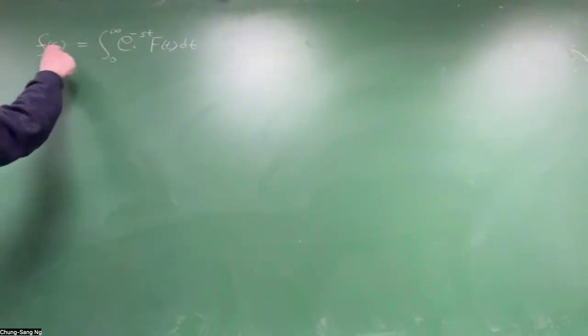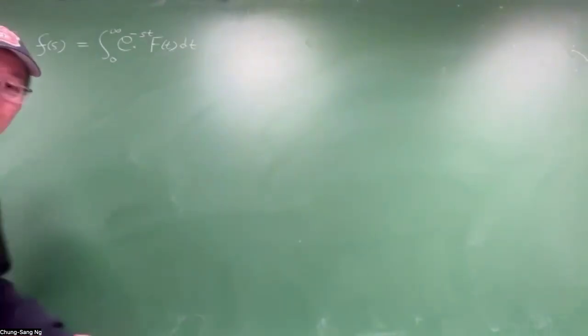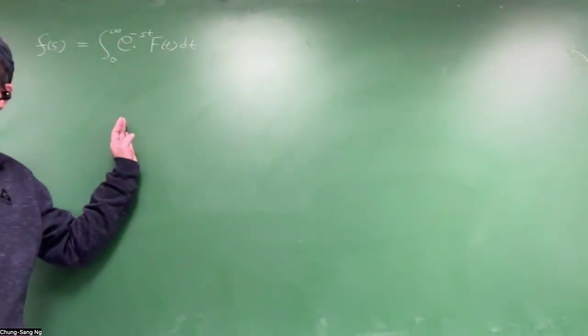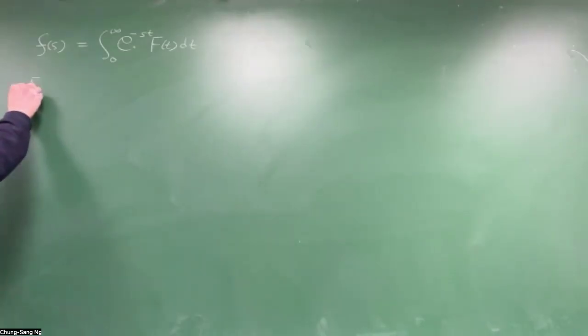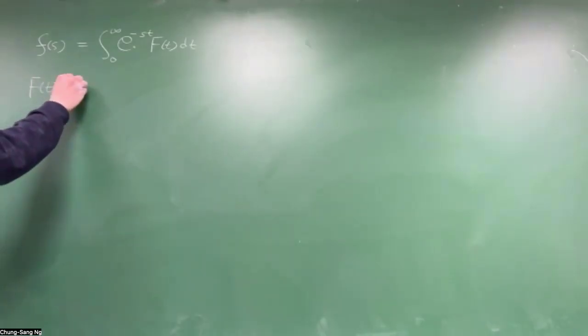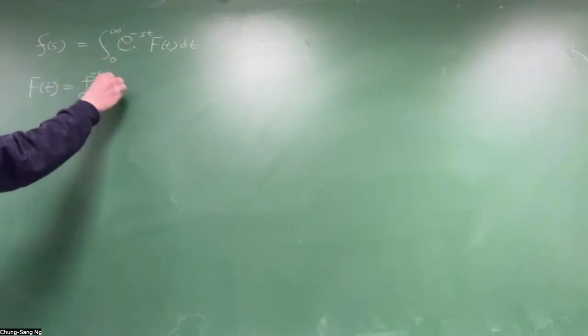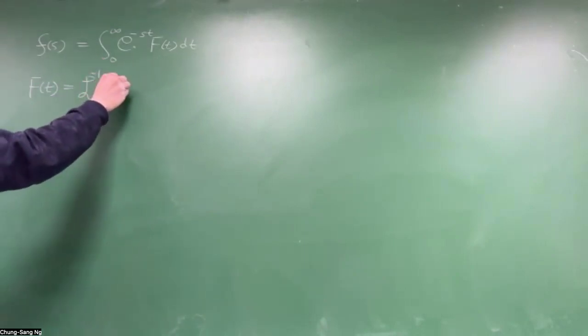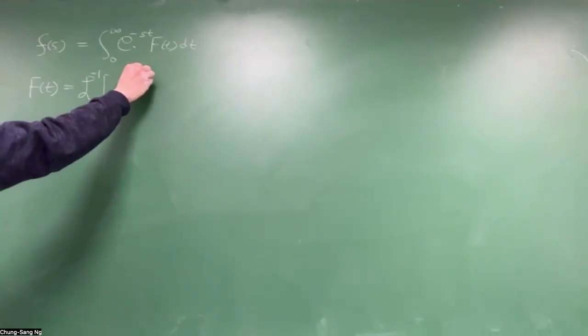Little f is the Laplace transform of F. We want the inverse transform, using this Laplace transform, by doing something like an integral, and then we will get a result. That would be our goal. So this formula we write as the inverse Laplace transform of this F.